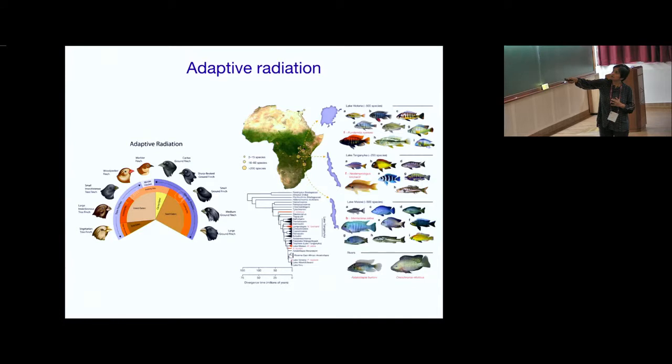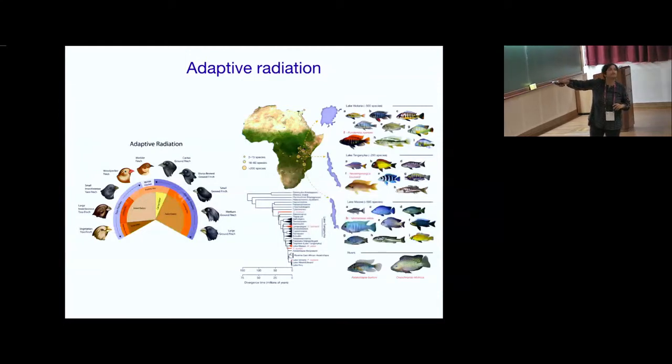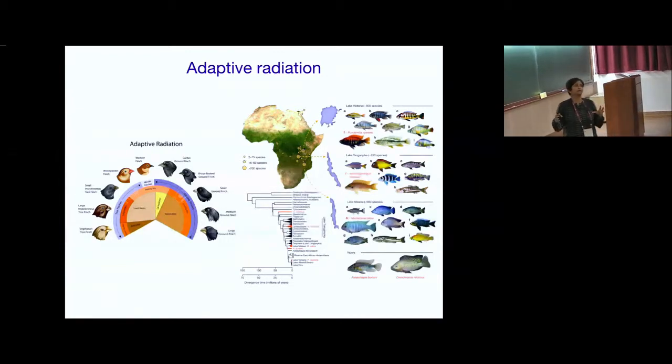So if you imagine the distance of these lineages telling you something about how long ago the branching happened, then this branching has happened relatively recently. So this is a radiation, and we know it's adaptive. It's given rise to this crazy diversity of shapes and colors and sizes and so on, because all of these different fish have adapted to use different niches in their lake habitats.